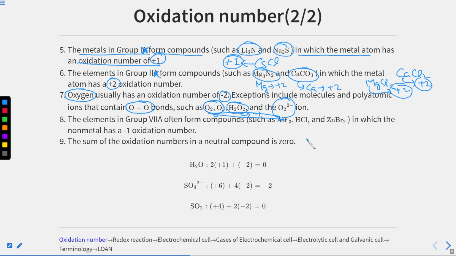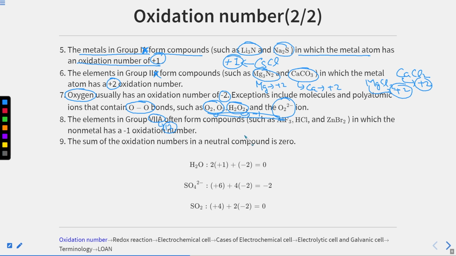Next, the elements of group 7A. You can say 17 more specifically, because now it is named as 17. So elements of group 17 will have a charge, or say oxidation number, of -1 when combined with a metal. Then and only then will it have perfectly a charge of -1.